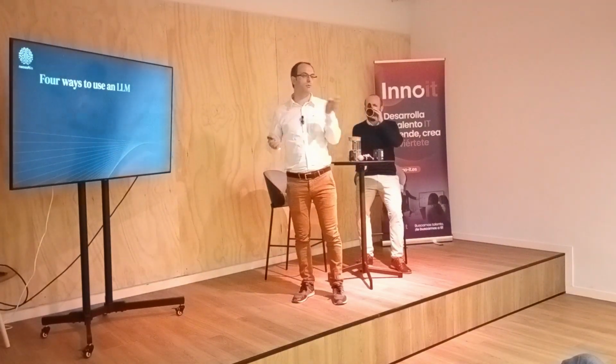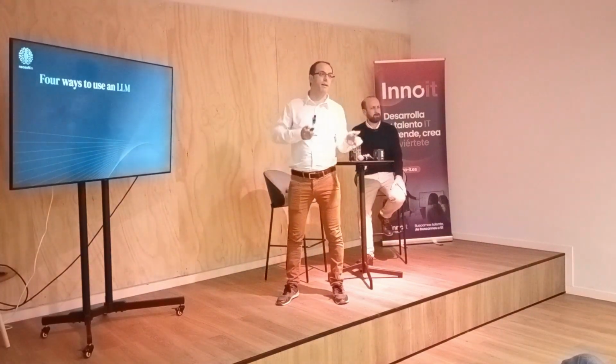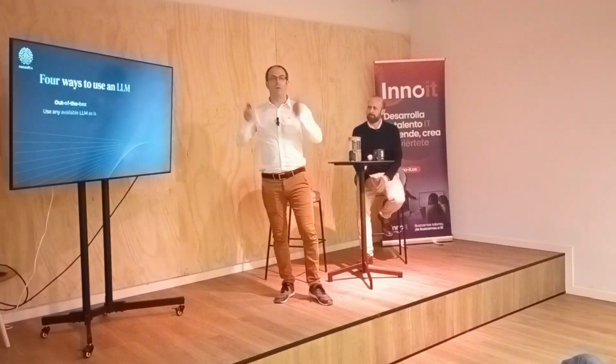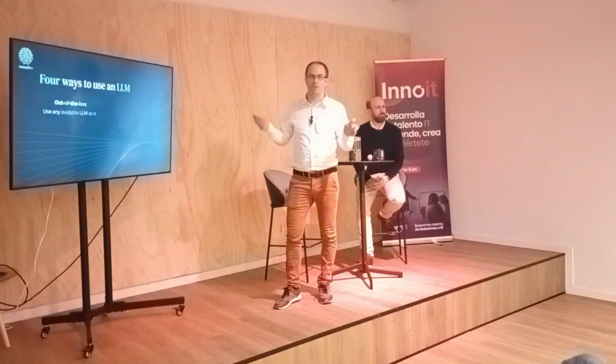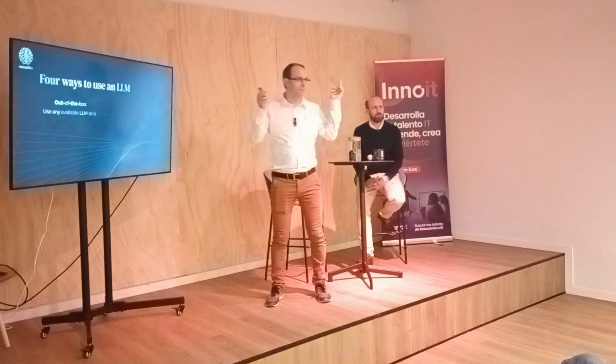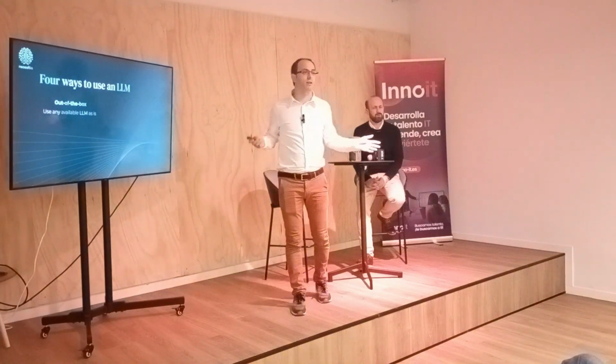I'm going to show you 4 ways, which are the main 4 avenues on how those LLMs are being implemented in a business. First one is what we call out-of-the-box LLM, right? So you just use your preferred LLM, like say ChatGPT or Gemini, whatever you want, and then use it as it is.